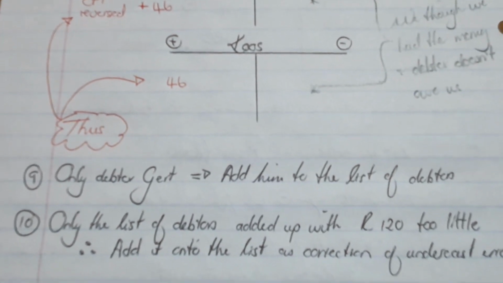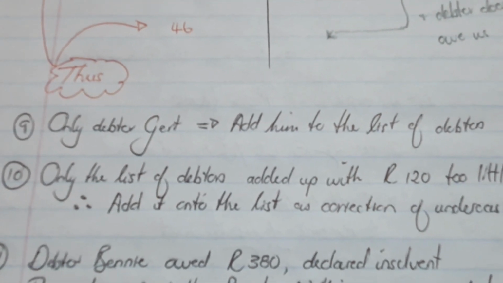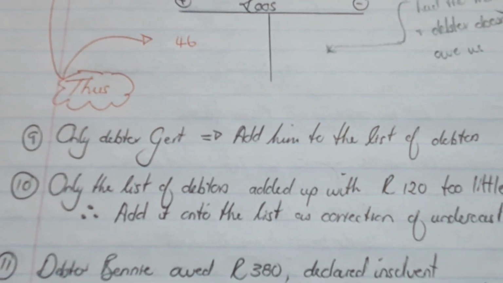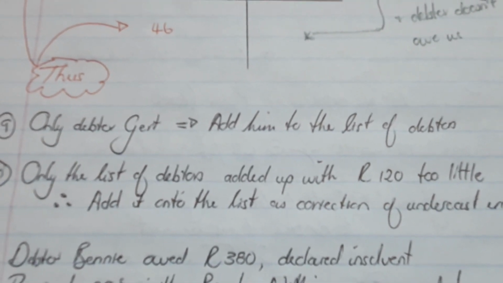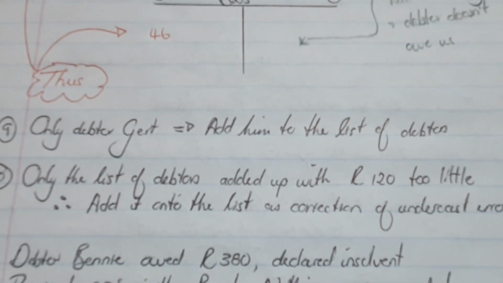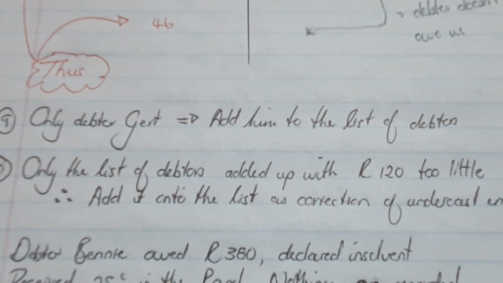list of debtors. At number 10, they said it was determined that the list of debtors was undercast by 120 Rand. Again, only the list of debtors will be affected here. No effect on the control account, as the original entry in the general journal was correct.